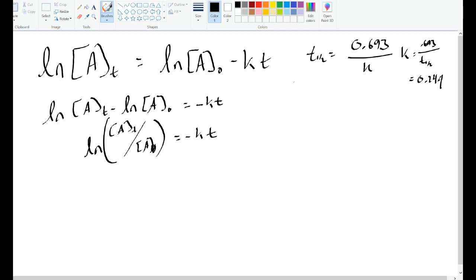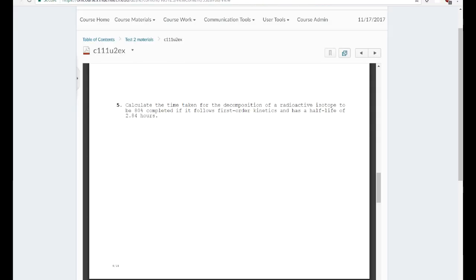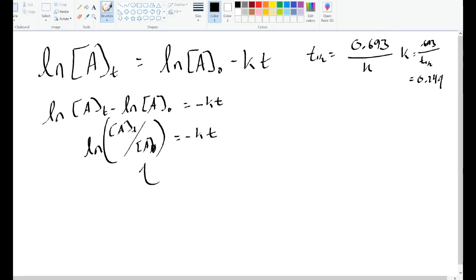Now, they asked us for 80% completed, so we have 20% left. So that means that A t over A naught is only 0.20. We don't actually need numbers there. 80% completed means there's 20% left.